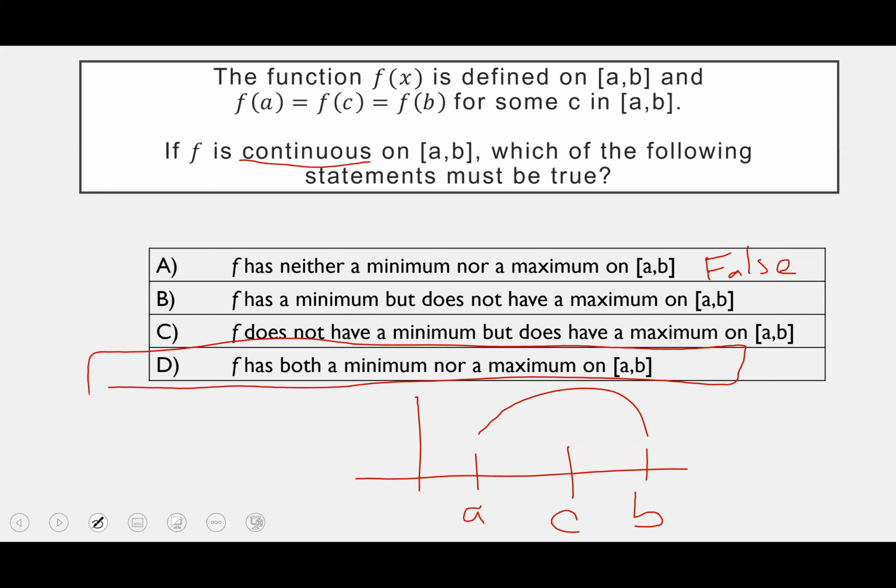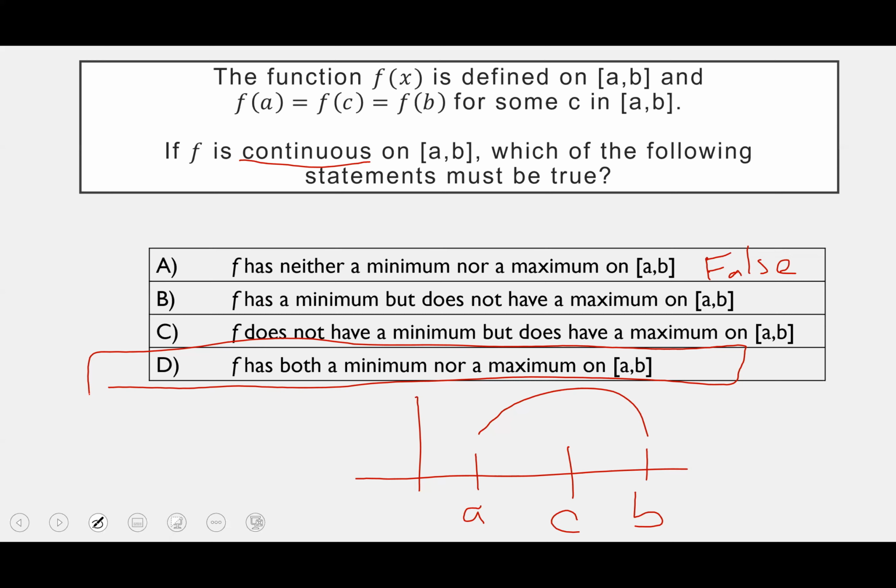Awesome. So this one's true because of our extreme value theorem. The way College Board prefers to ask these nowadays is as part of a free response question. They might ask you to prove that there is a minimum or a maximum on this interval.